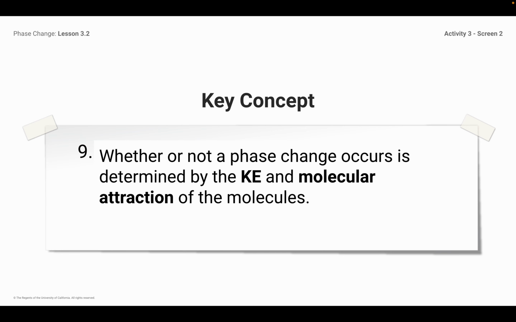However, if the molecular attraction is too great and the kinetic energy cannot overcome it, then there will not be a phase change. Even if there's a little increase of kinetic energy going in, if it's not enough to overcome the molecular attraction, there's no phase change.